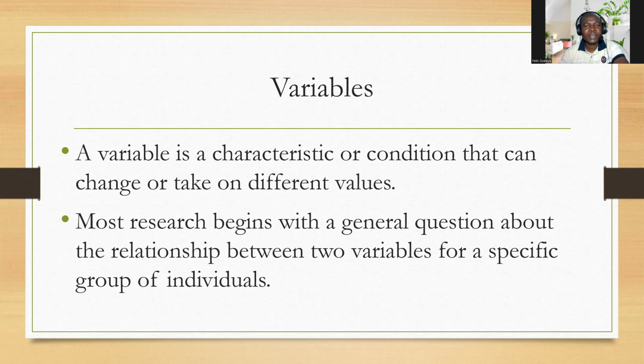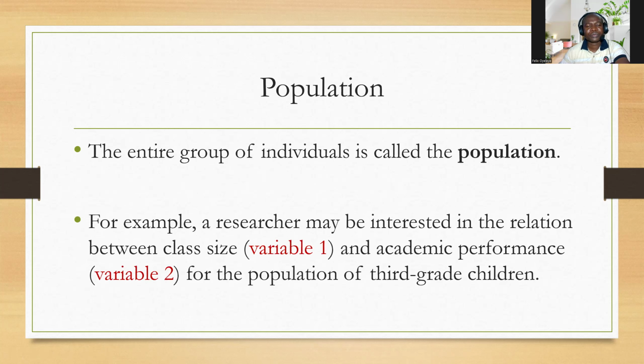You can have variables identified within a sample obtained from a population, and you may be studying certain important variables like gender and other demographic concepts even within a population. So, the entire group of individuals that we usually study is referred to as the population.